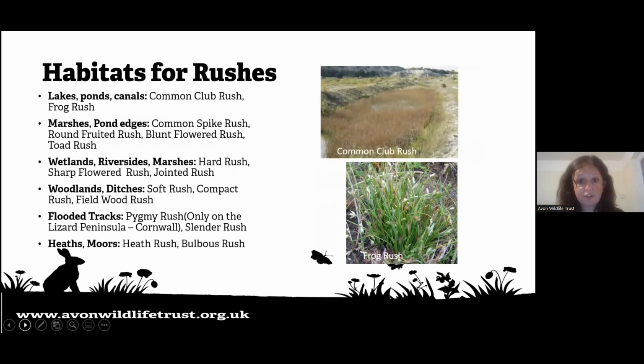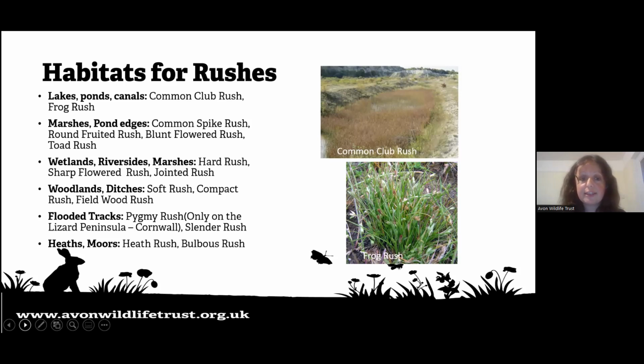Habitats for rushes. There's quite a few there as well. They also like wet areas to grow in. They like lakes, ponds, canals, marshes, pond edges, wetlands, riversides, woodlands and ditches, flooded tracks. In particular, the pygmy rush is endemic to Cornwall, the Lizard Peninsula.